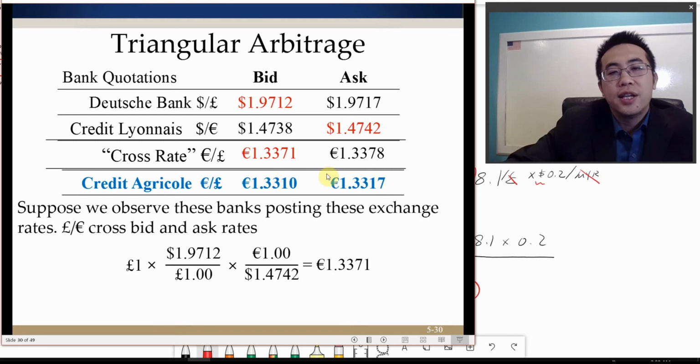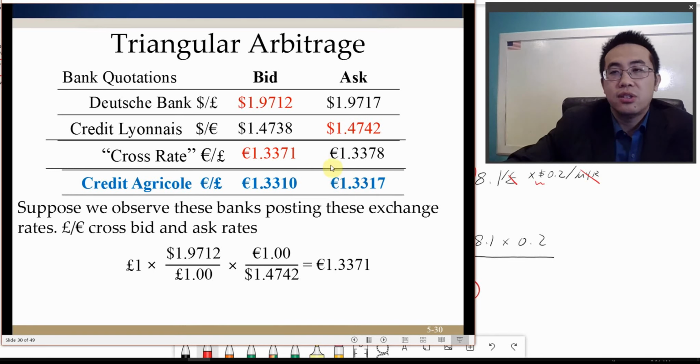Definitely this is a lower range of prices, but you also need to pay attention to bid ask. If you buy from the lower one, you will need to pay the ask, and if you sell at the higher one, you only get the bid. So then you compare the bid of the higher prices and the ask of the lower prices.